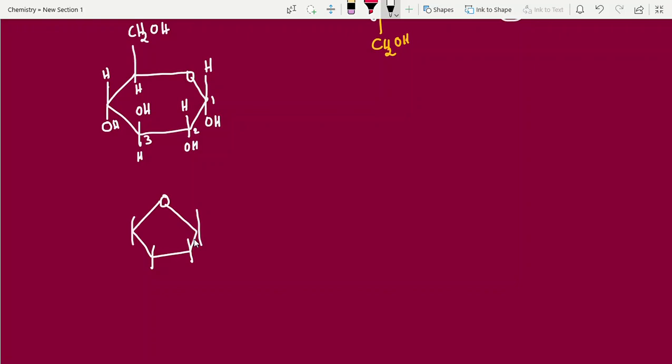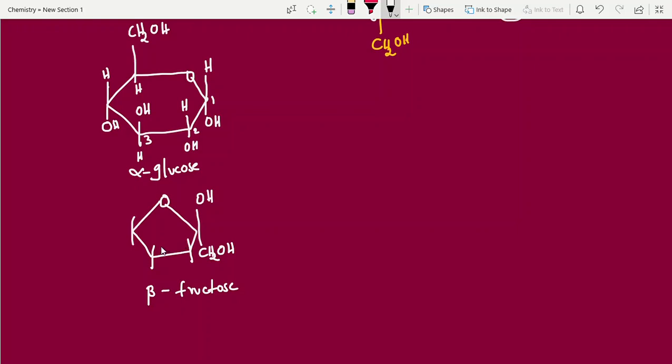Down. Okay. This is beta fructose. What I said, this is alpha glucose, and down one beta fructose. Beta means OH is top, and this is CH2OH. Fructose structures, please go through it.